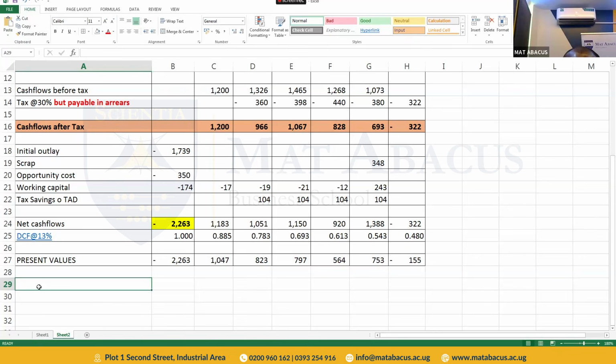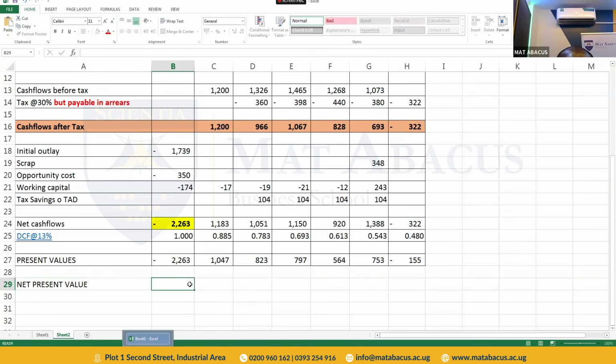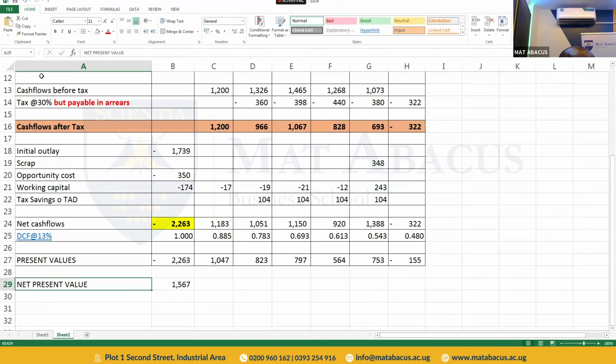Therefore, your net present value will be the sum of those figures. So that is our net present value.